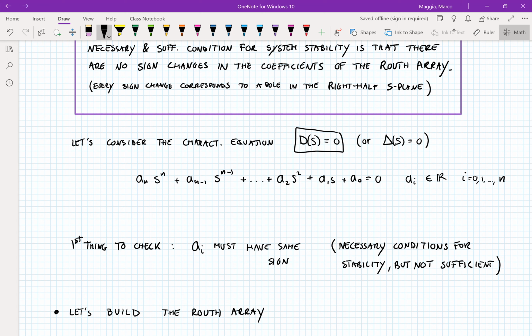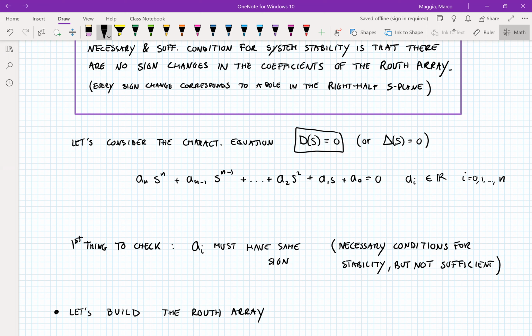This is a necessary condition, but it's not sufficient. It means that you can have a characteristic equation with coefficients that are all positive or all the same sign, and yet the system can be unstable.